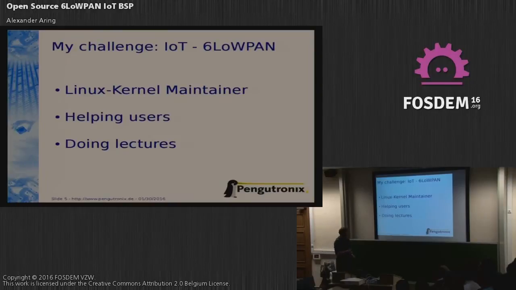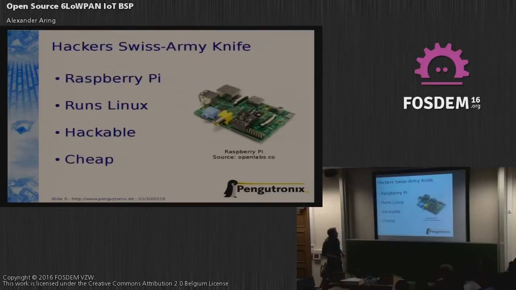And I also give a lot of lectures like this one here. And yes, I also talk about the Raspberry Pi, here for example with an 802.15.4 transceiver. You can get this transceiver from Open Lab Stuff.